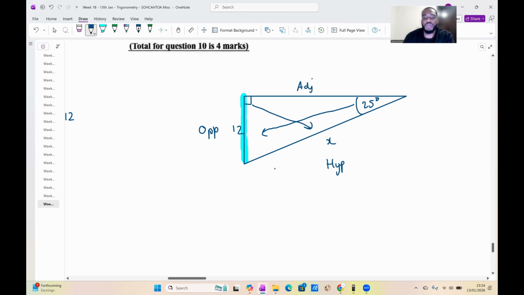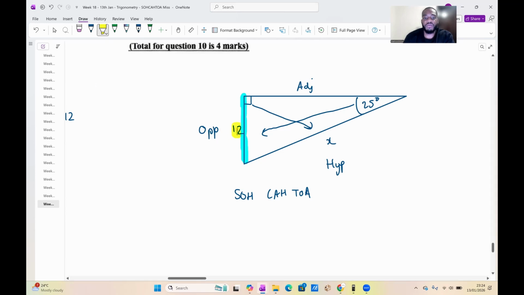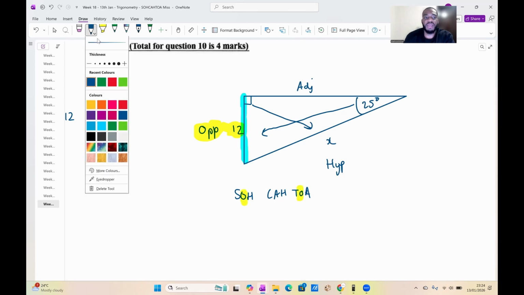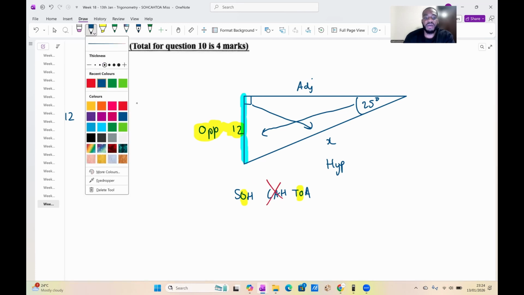Which acronym are we using? Well, we've got SO, we've got CA, and we've got TOA. Which side do we have? Well, we've got the side 12, right? That is the opposite. So therefore, it has to be either this one or that one because those have an O in it. I know it's not going to be CA, so I can cross that out. The next one is which side do we want to find?